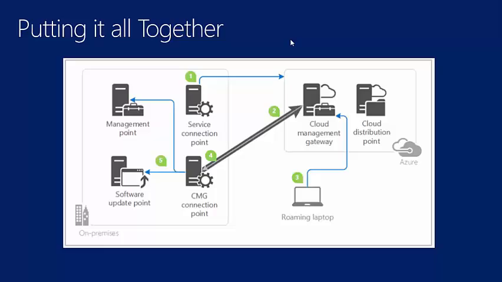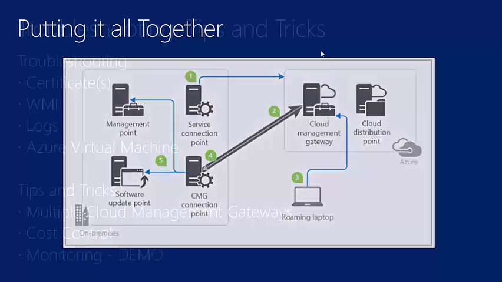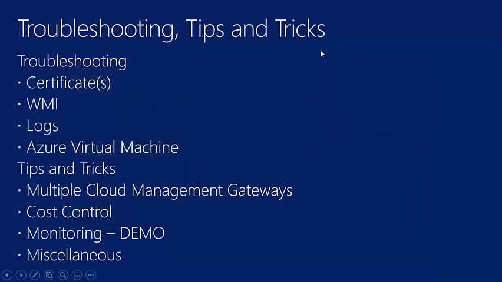And we've made it. So we are wrapping up with a few tips and tricks, and we'll be done. So in terms of troubleshooting, just a reminder, I've shown you some of these things already. For certificates, there is one that is needed in all environments: the Cloud Management Gateway Authentication certificate, the cert that's actually used when you create the Cloud Management Gateway.